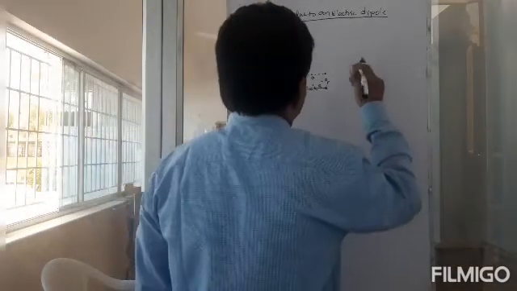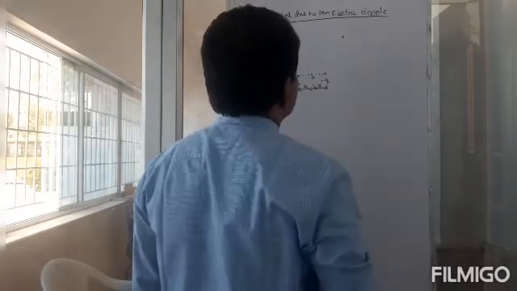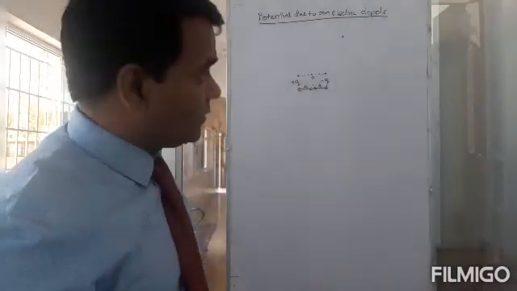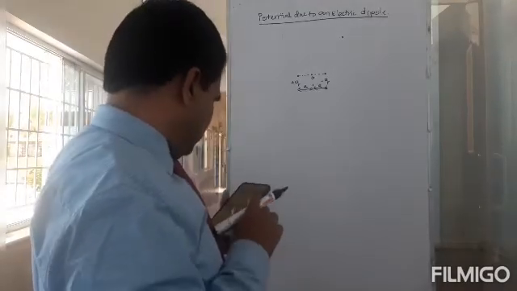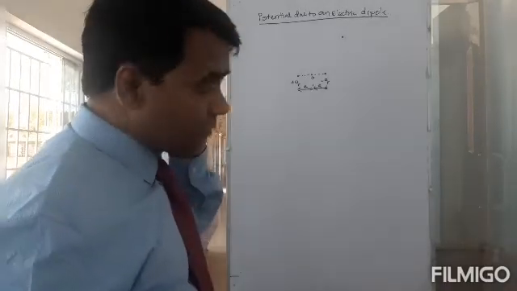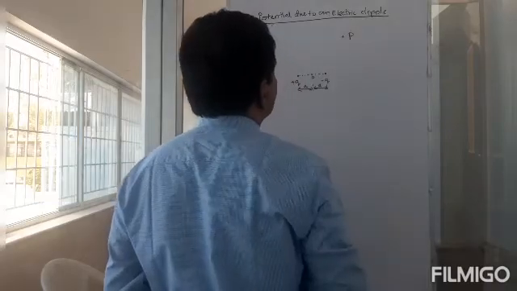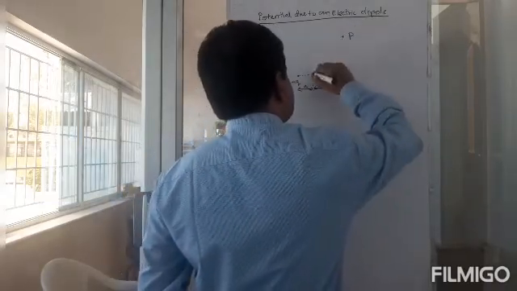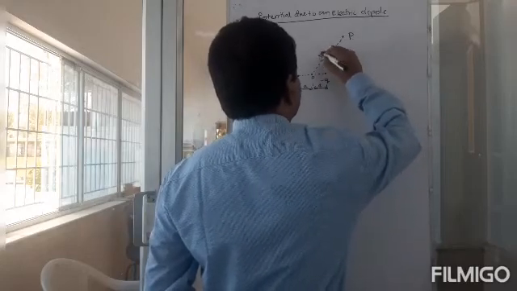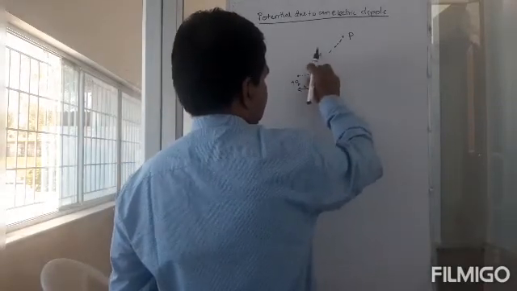Let me take some points here. Let me take this point. So this is a point P. Say that point is at a distance r from the dipole and also makes an angle theta with the dipole.